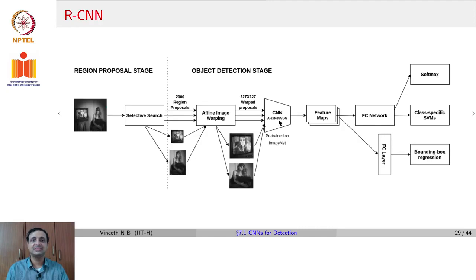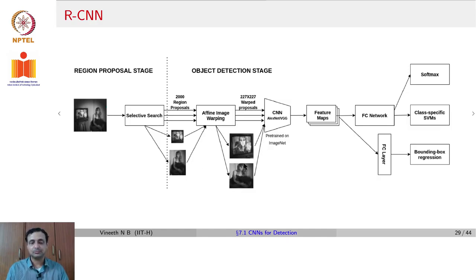And remember, the CNN can only take a fixed input size. You cannot give a 20 x 20 image and a 100 x 100 image. A CNN can only accept one size. That's the nature of the architecture that we use. So whatever be the size of the region proposals, they are all warped to make it the same size. There could be some artifacts of stretching because of this.